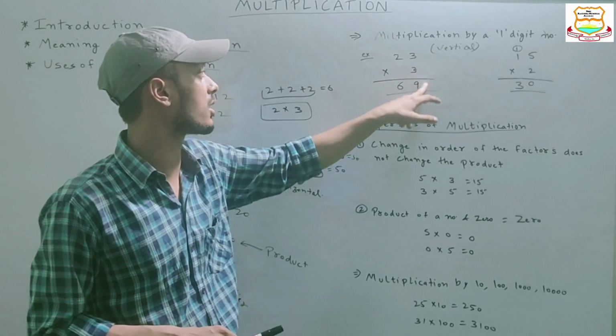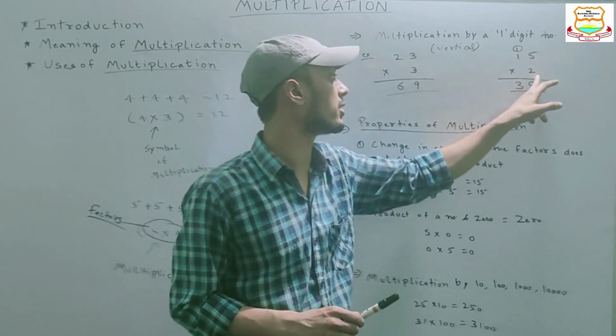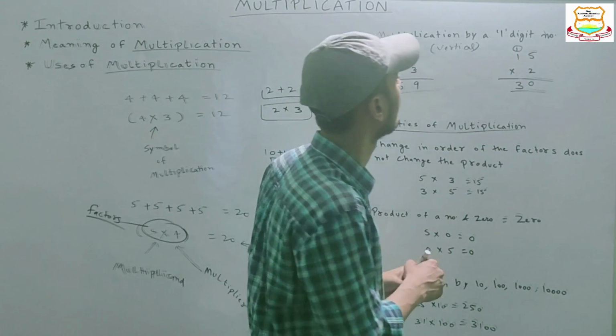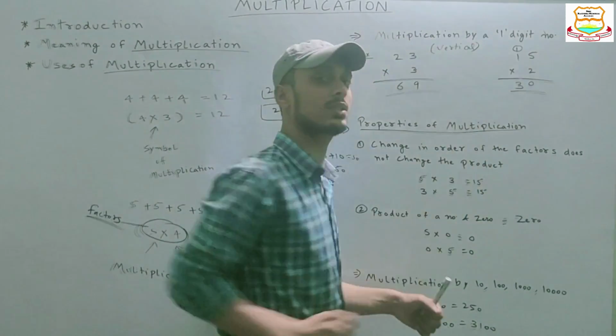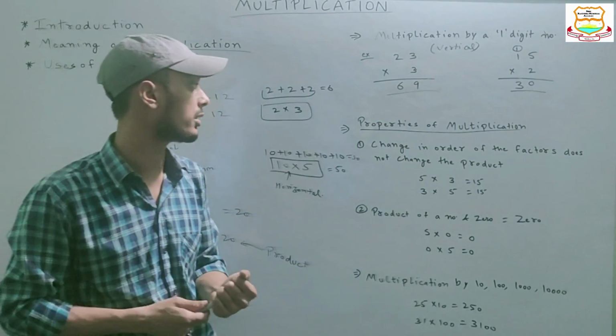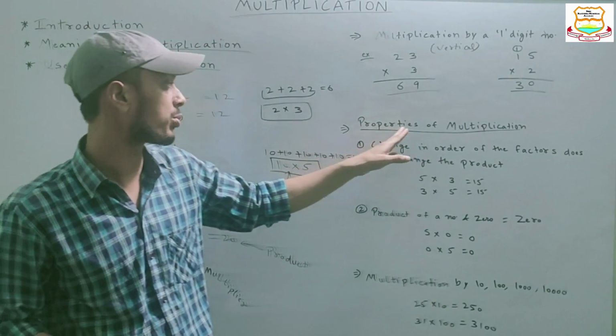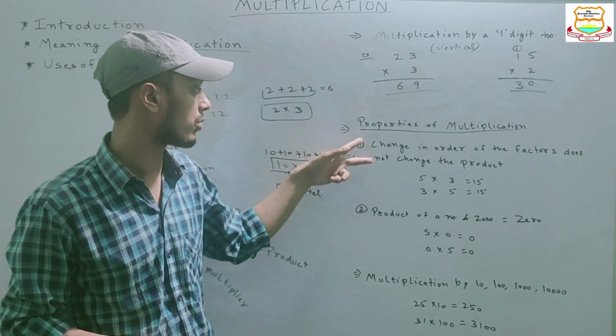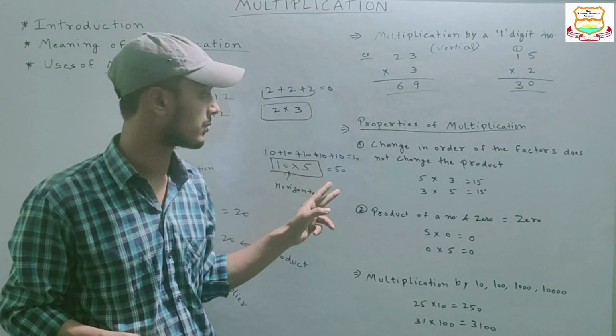23 into 3, 3 3s are 9, 3 2s are 6. 15 into 2, 2 5s are 10, 2 1s are 2, 2 plus 1 carry is 3, so 30. Got it? Yes. After that, we saw properties of multiplication. There were two properties we learned.